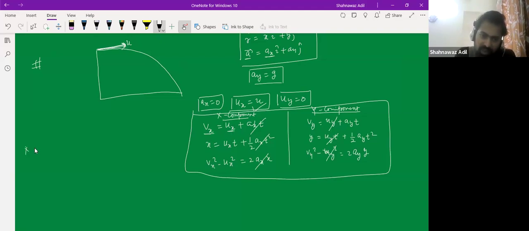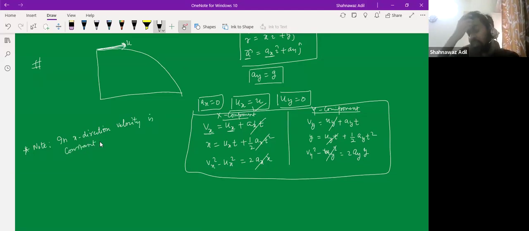You have to remember this, that in the x direction, velocity is constant. So initial velocity is equal to final velocity in the x direction. This direction velocity will always be the same. The vertical part will change because this is dependent upon ay.